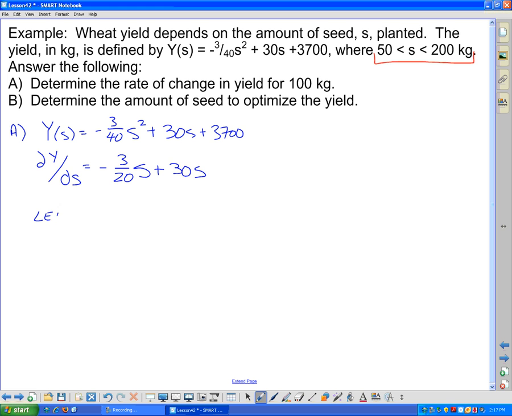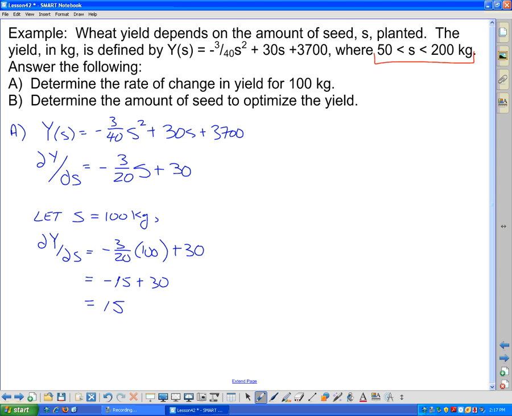So if we let S equal 100 kilograms, then our rate of change in yield with respect to S is negative 3 over 20 multiplied by 100 plus 30. Whoops, when I took that derivative above, there should be no S there. My mistake. So fixing that up, 3/20ths of 100, you're looking at negative 15 plus 30.